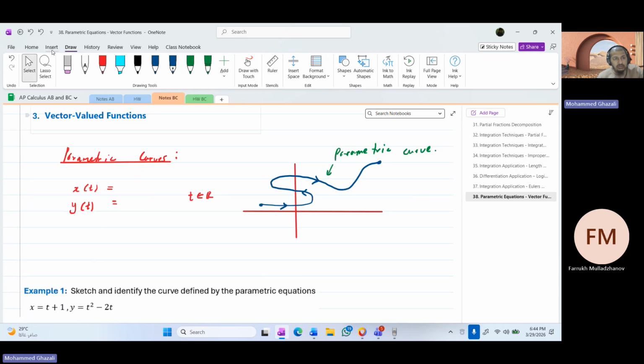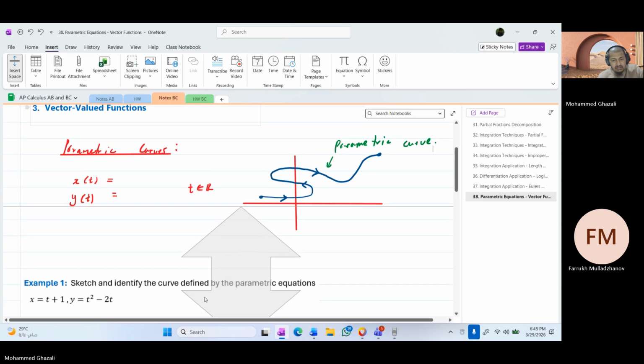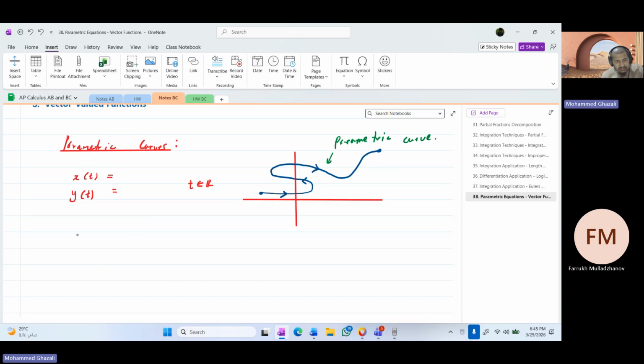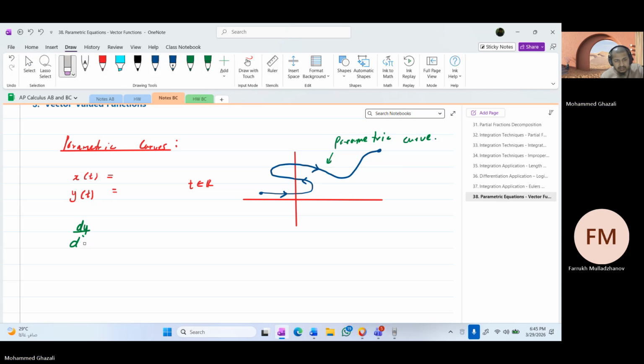So what we are required to find is some important stuff. For example, what is dy dx? I want to find the derivative with respect to x, dy dx. dy dx is basically equal to dy dt divided by dx dt.